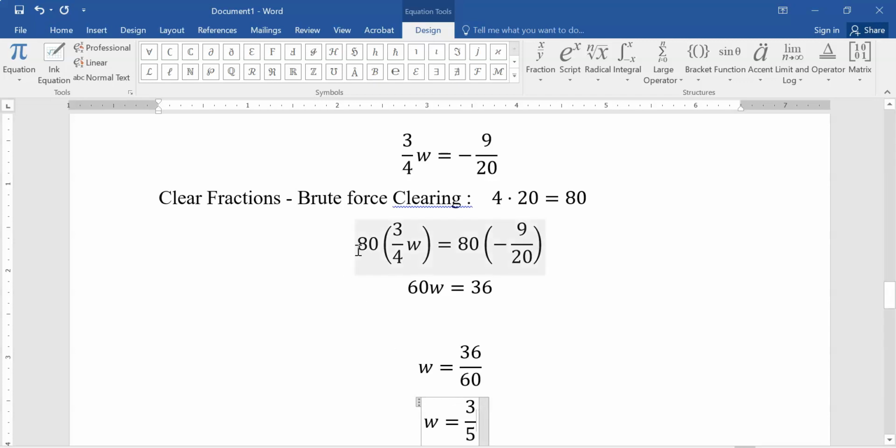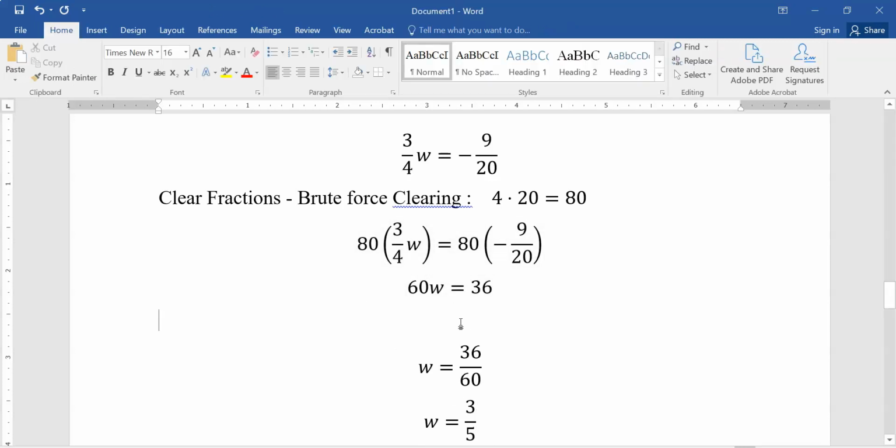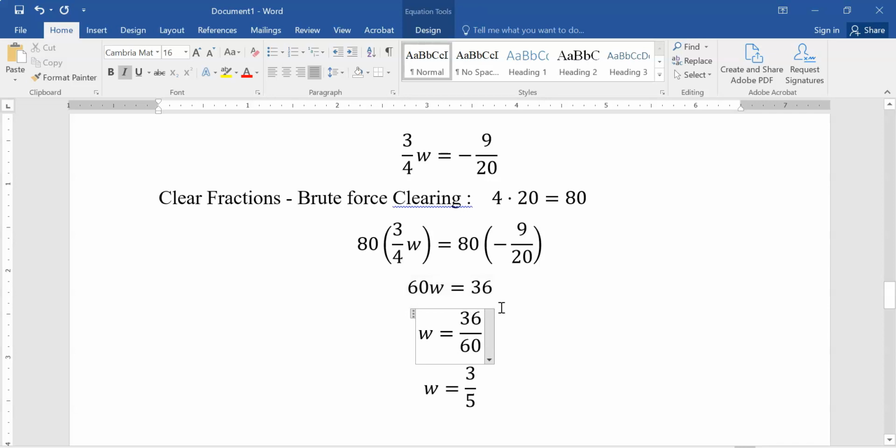Okay, so the brute force clearing method says all denominators multiply together, multiply the left-hand side of the equation by that number, multiply the right-hand side of the equation by that number.